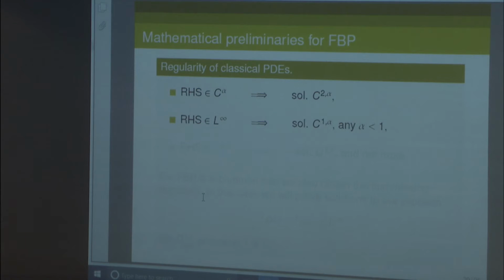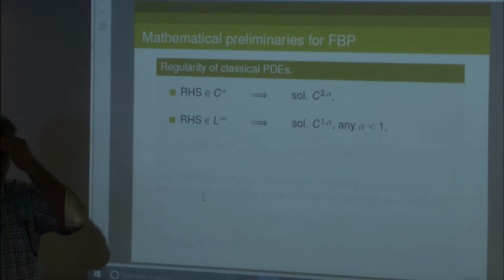Okay, so let's go to a little bit of classical PDE just to see what is what. So if the right-hand side is C alpha, the solutions are C2 alpha. You can actually bring it down to Dini that I suggested yesterday.